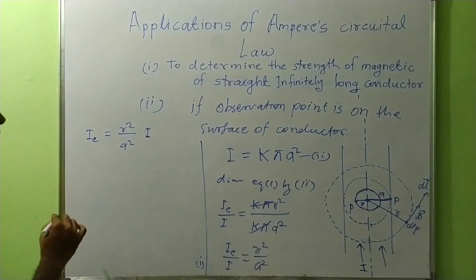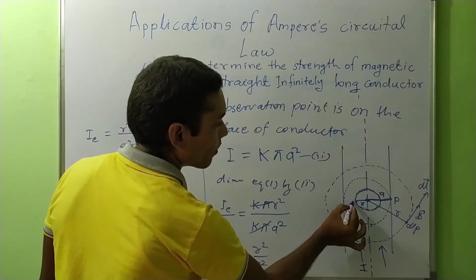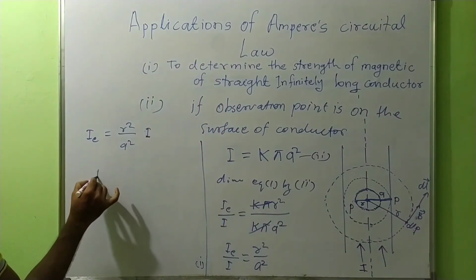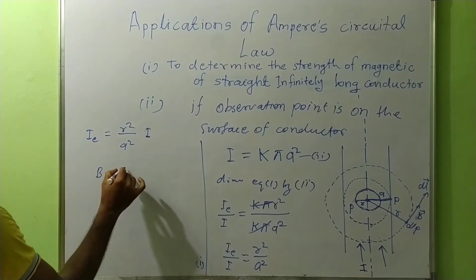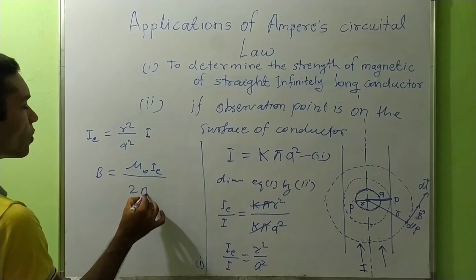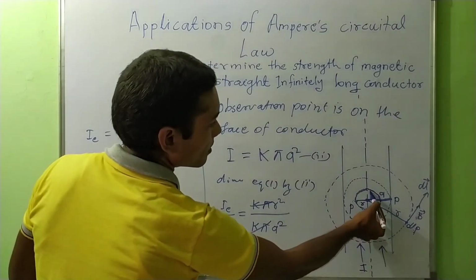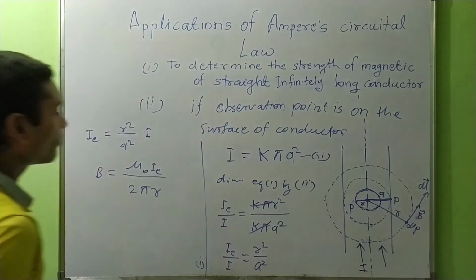Okay, so the intensity of magnetic field at this point will be B equal to mu naught I_E upon 2 pi r, where r is the radius of this circular loop.